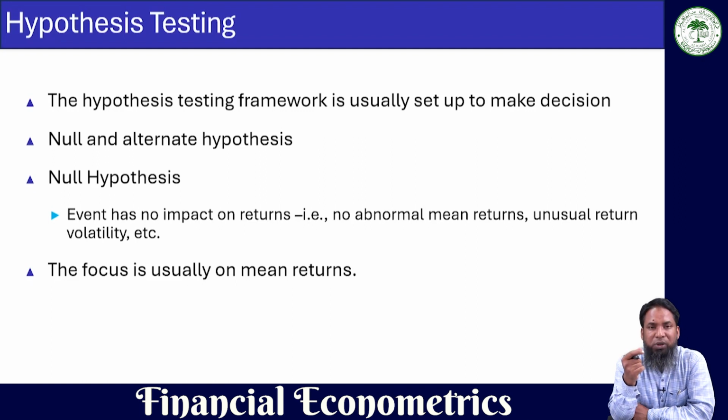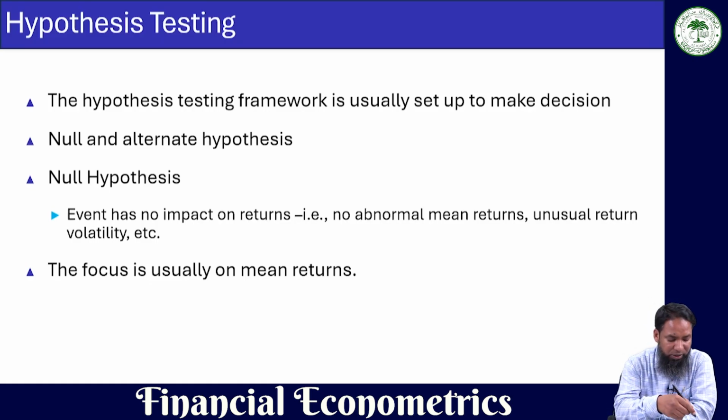Hypothesis testing framework is usually set up to make a decision. So, here we have the null and alternative hypothesis. Usually in the null hypothesis, we assume that the event does not have any impact. If the event does not have any impact, that means abnormal returns should be equal to 0.